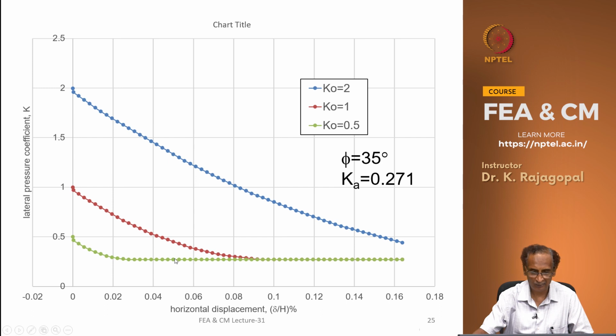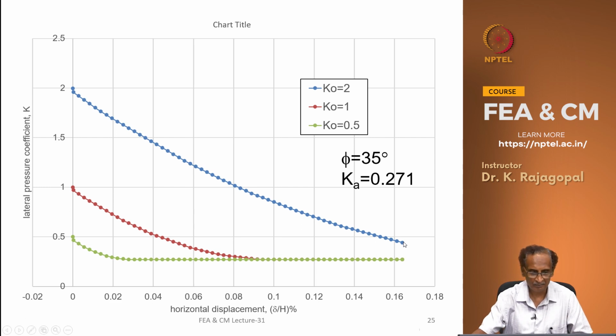and in both the cases we see that with the K naught of 0.5 we reach this limit state, the K of 0.271, at a lateral deformation of about 0.04% of the wall height, whereas when K naught is 1, you require much larger deformations of the order of about 0.09. And if we take K naught of 2, even after about 0.16%, we have not still reached the limit state.